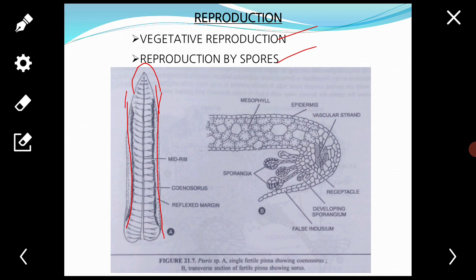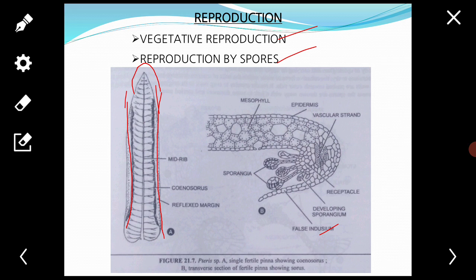Each coenosorus is protected by the scarious reflexed margin of the fertile pinnule, called the false indusium. The true indusium is completely absent in Pteris. The sporangia are not borne in a regular succession. They are mixed in a coenosorus.